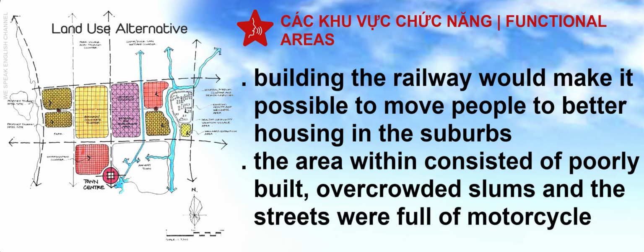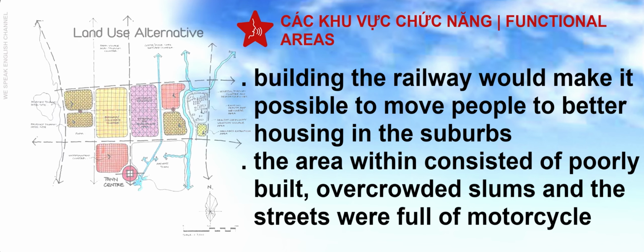Building the railway would make it possible to move people to better housing in the suburbs. The area within consisted of poorly built, overcrowded slums, and the streets were full of motorcycle.